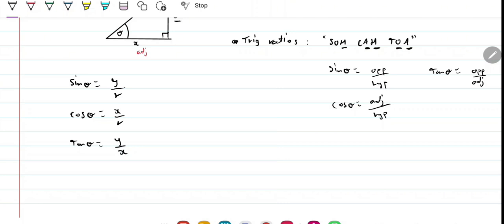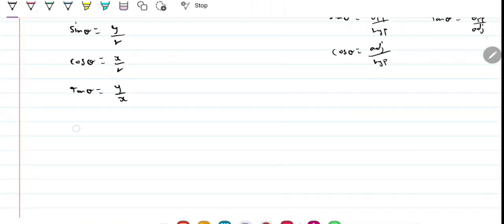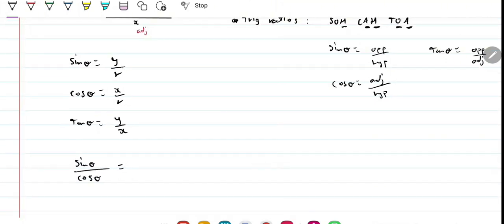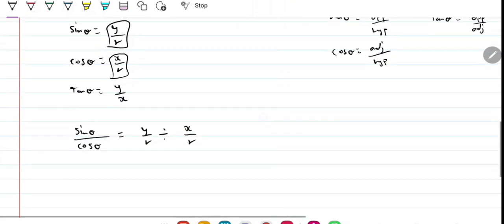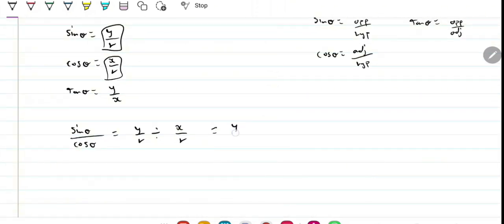Right? Simple. Now, what happens if I take sine theta and divide it by cos theta? I'm effectively taking y over r and dividing that by x over r. So this will be equal to y over r multiplied by r over x.